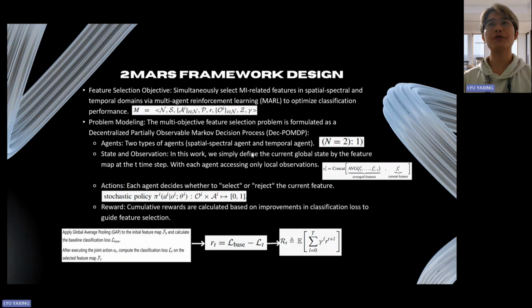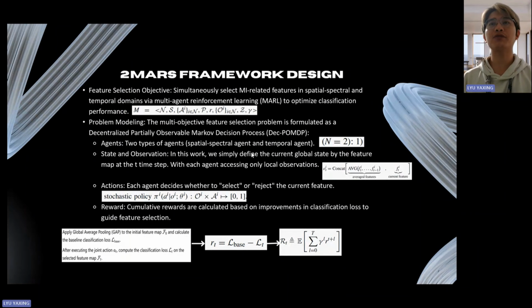The MARS framework uses multi-agent reinforcement learning to optimize EEG feature selection. Two agents interact in a shared environment, observing local state and deciding to select or reject a feature based on their policy.